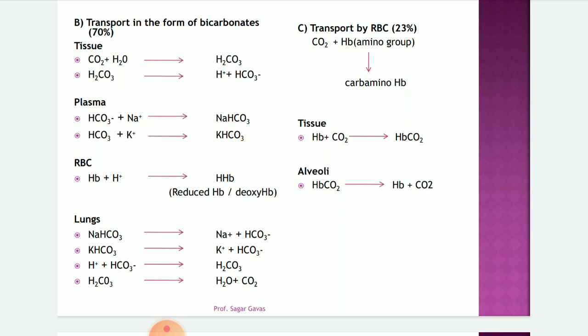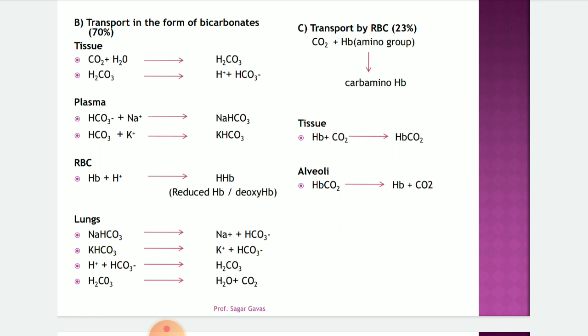At the tissue level, carbon dioxide combines with water to form carbonic acid, which dissociates into H plus and HCO3 minus.